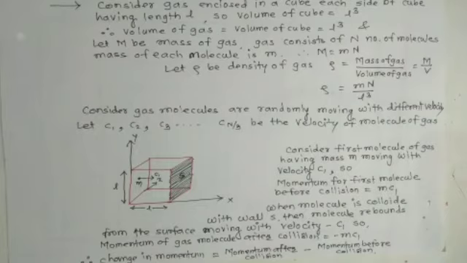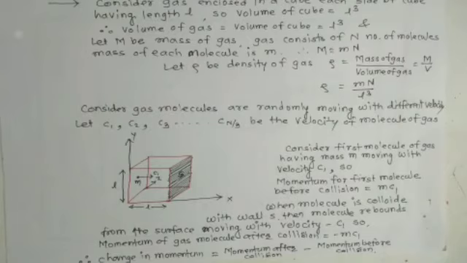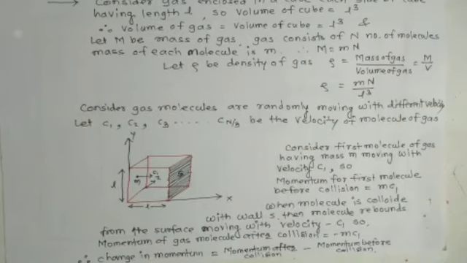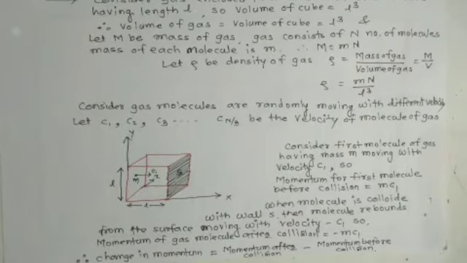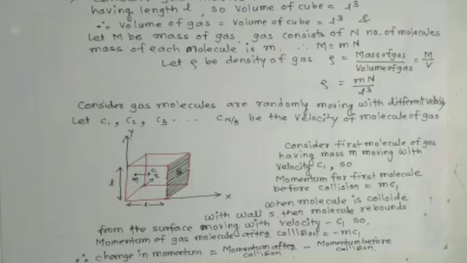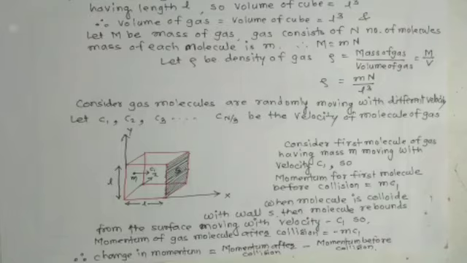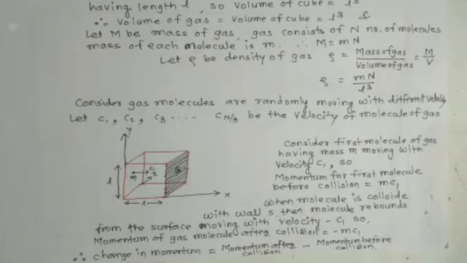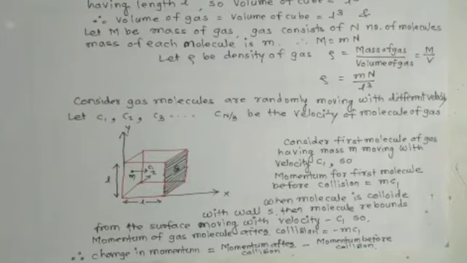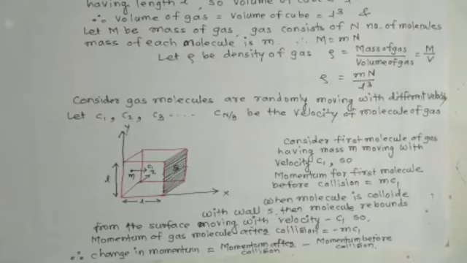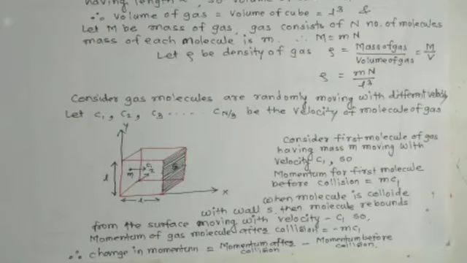Consider the first molecule of gas having mass m moving with velocity c1. So the momentum of the first molecule before collision will be m into c1. When the molecule collides with wall S, then the molecule rebounds from the surface moving with velocity minus c1.